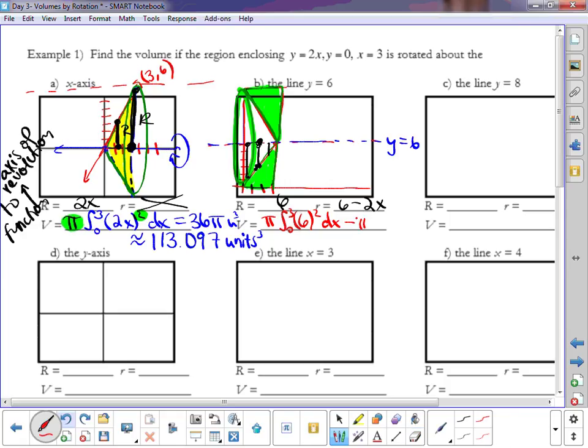So minus pi times the integral of little r squared, which is the quantity 6 minus 2x, squared, still from 0 to 3. Again, you could write this as one integral, pi times big R squared minus little r squared, but either way. Just use your calculator for this one and see what you get. Let's leave it in terms of pi. So do your integrals without pi, and then that answer is times pi.